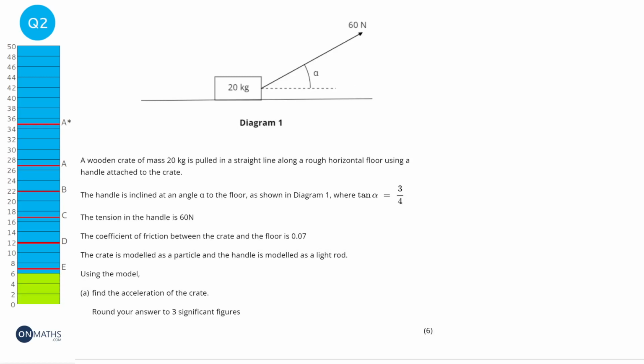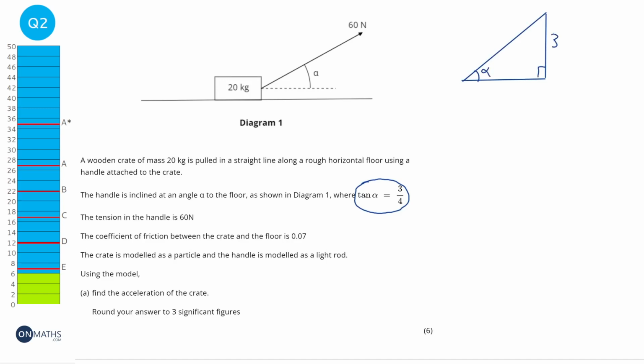I'm going to start focusing on this tan alpha is 3 over 4, because whenever you see that, you should probably do a quick sketch of a right angle triangle and just label on some other sides. So we've got alpha here. So tan alpha is 3 over 4. So we know that tan is opposite over adjacent.